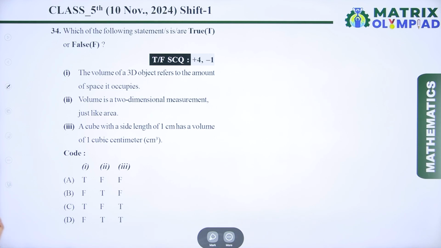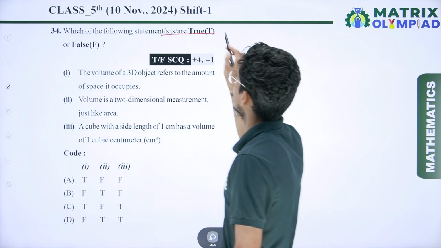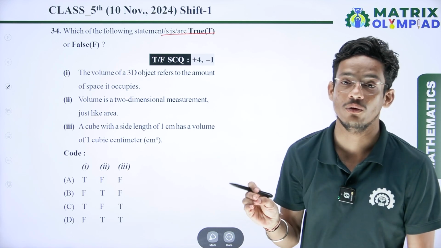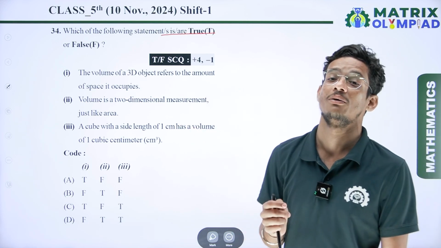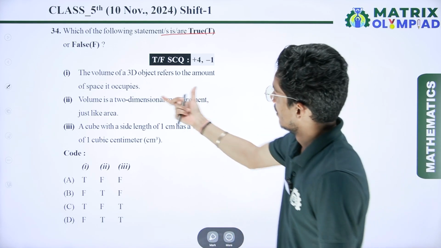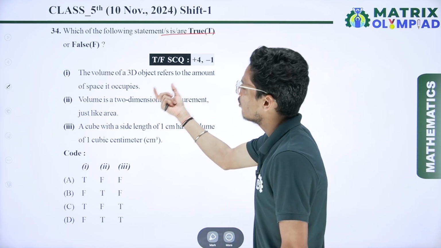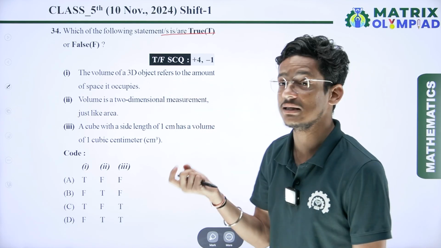So now if I talk about the 34th question, that is which of the following statements are true or false. So here we have again given three statements and we have to find out which statement is true and which statement is false. So statement number 1, that is the volume of a 3D object refers to the amount of space it occupies.